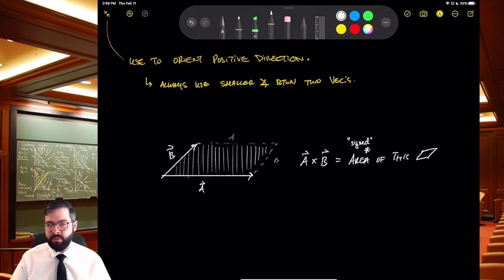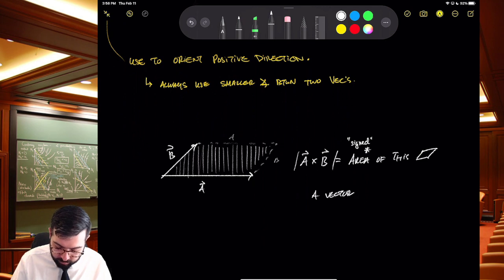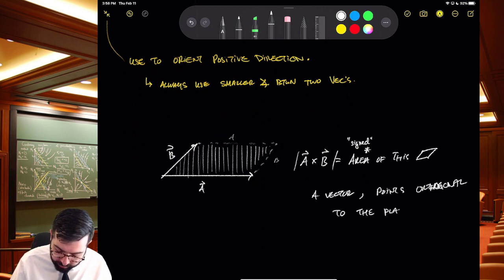And that's what its magnitude is, right? But really, it is a vector whose magnitude is the area of this parallelogram, and it points, I'll say orthogonal to the plane that A and B create or lie in.